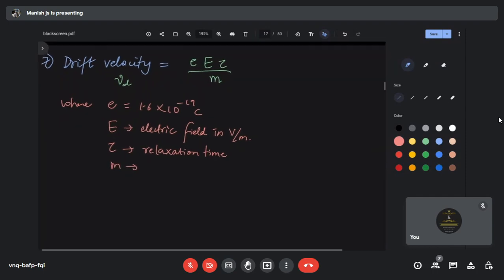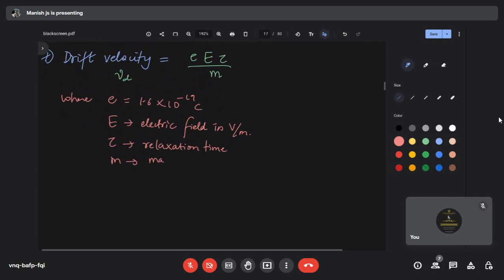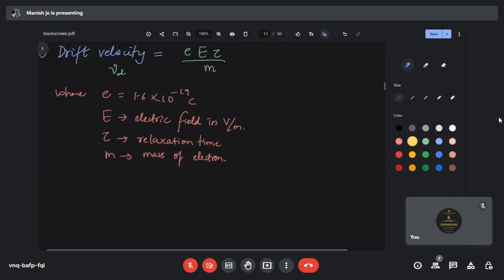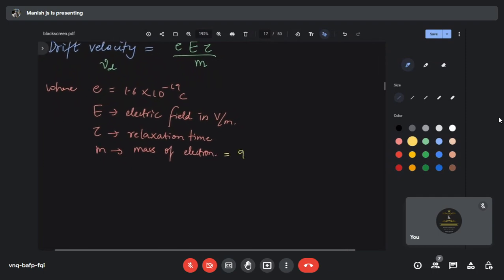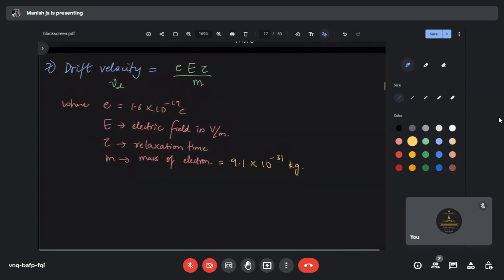And m is the mass of the electron, which is basically a constant. You're aware of the value, 9.1 into 10 power minus 31 kilograms. We'll substitute that. So that is the formula for drift velocity.